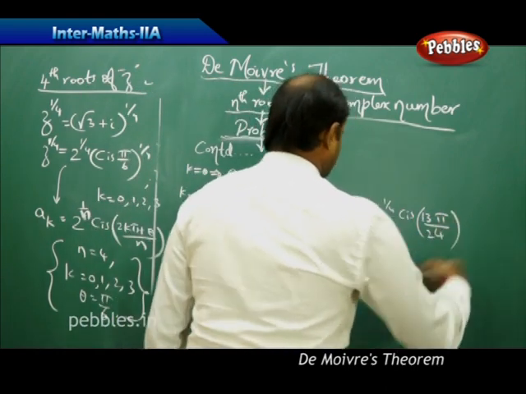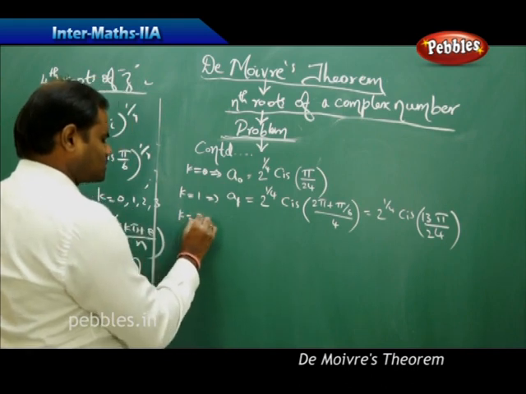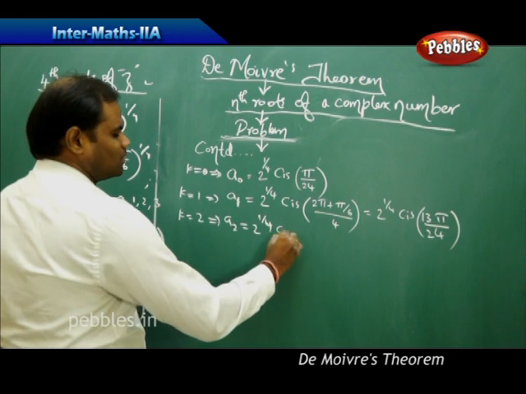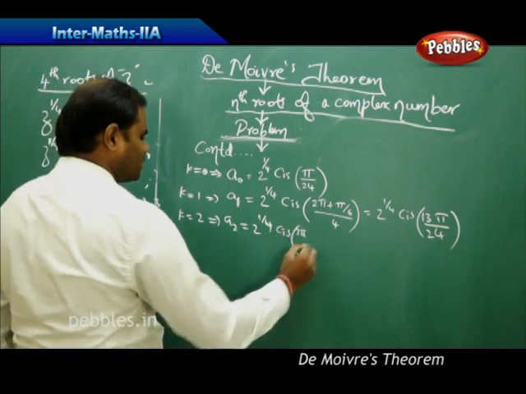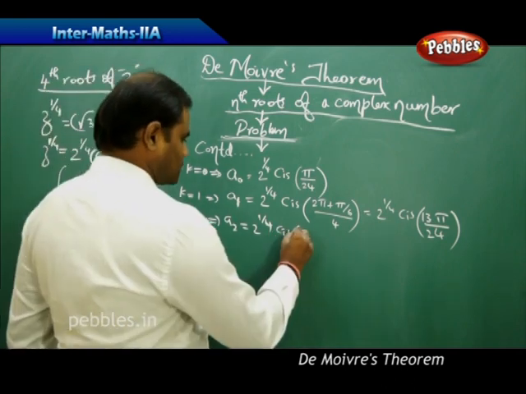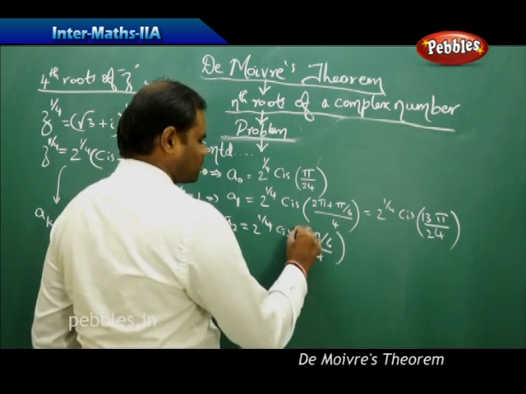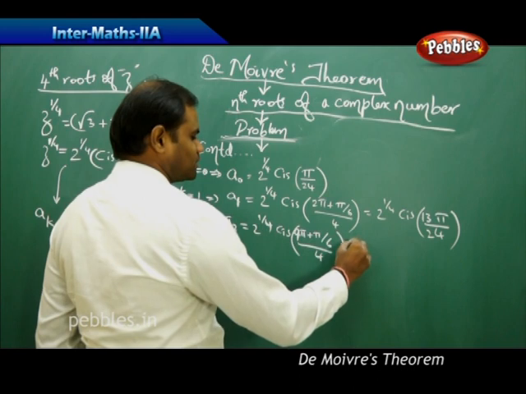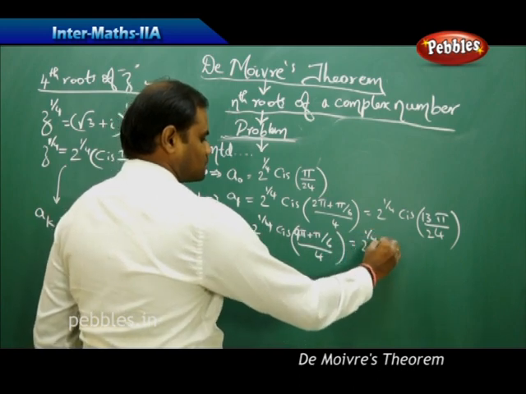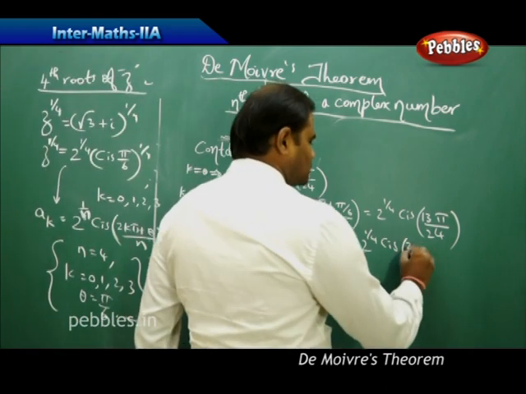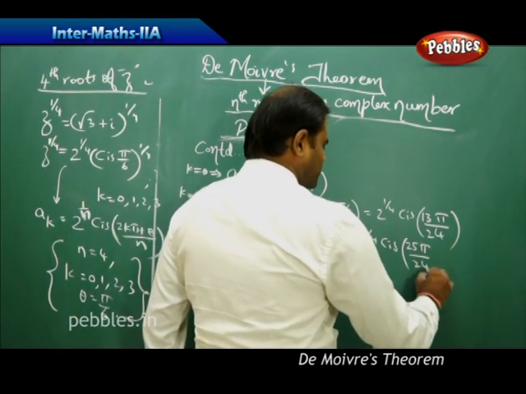and then k equals 2 implies a2, which is 2 power 1 by 4 of cis of (2 pi into k, which is 4 pi, plus pi by 6) by 4, which on simplification gives 6 fours are 24 plus 1, 25 pi by 24.